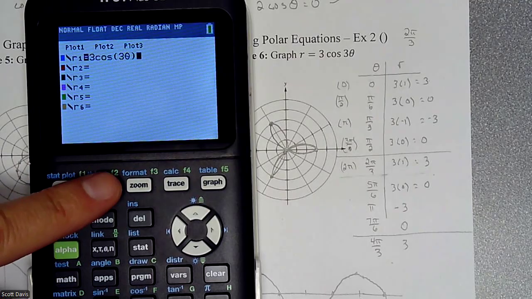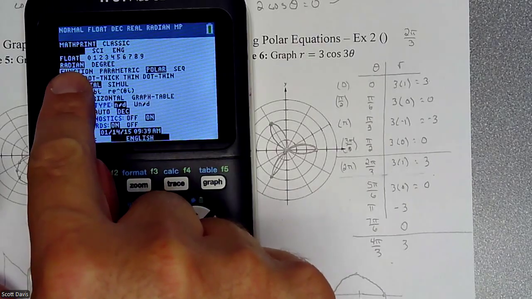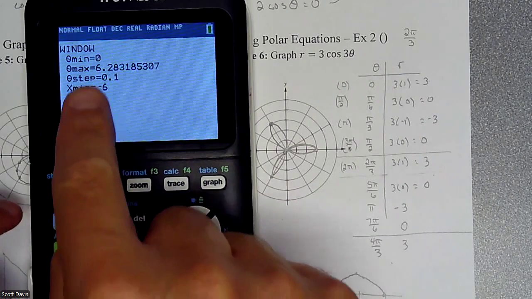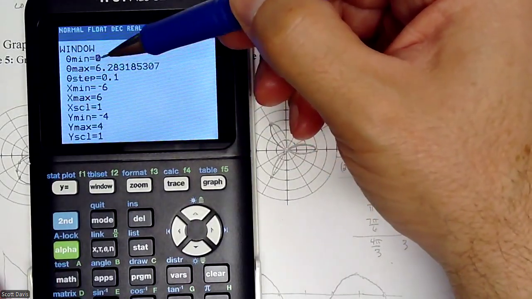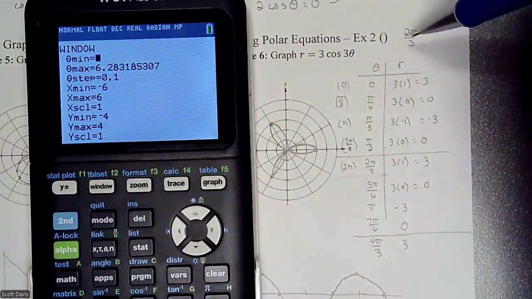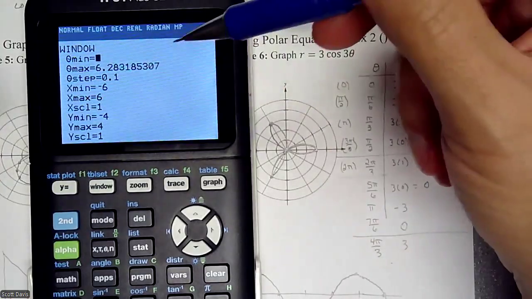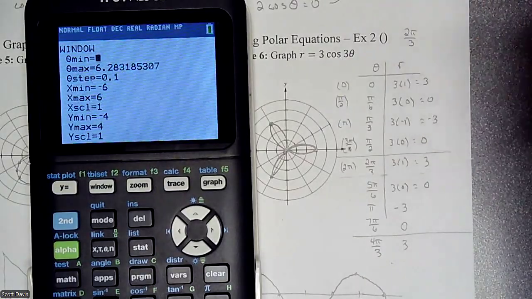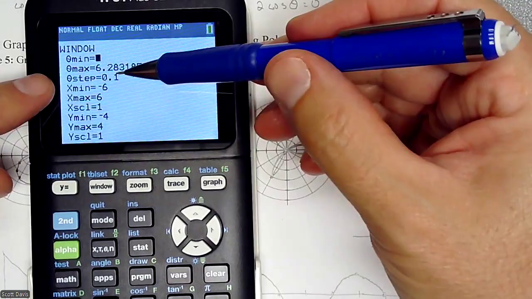Then for my window, I'm going to make sure that I'm in radians, and my angle measurements are 0 to 2 pi for one full circle. You should get away with 2 pi over 3, but the calculator is going to repeat itself, so it's going to graph itself on top of itself. Just leave it from 0 to 2 pi, it's always a safer play.